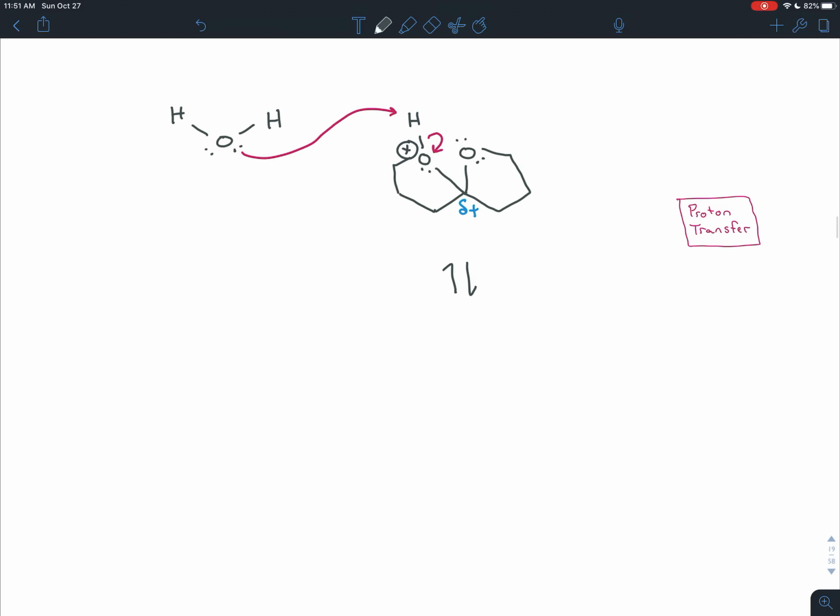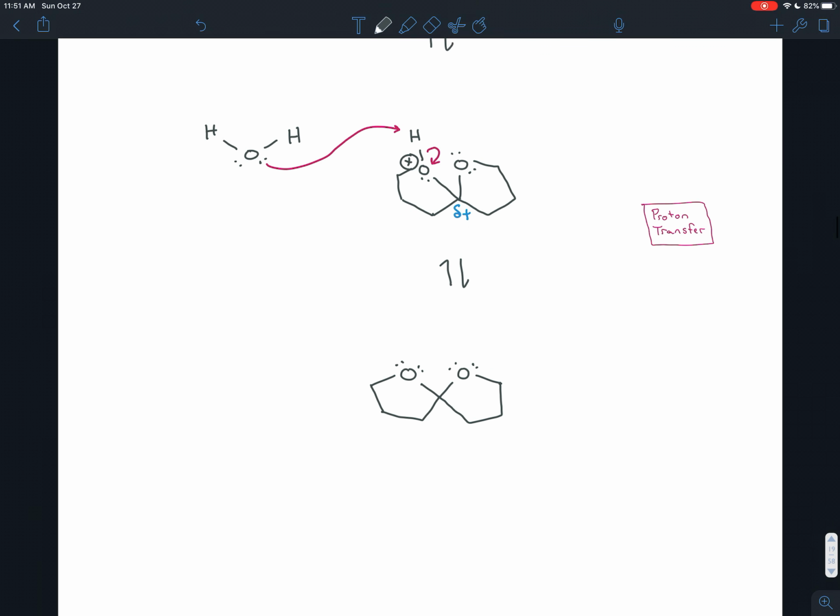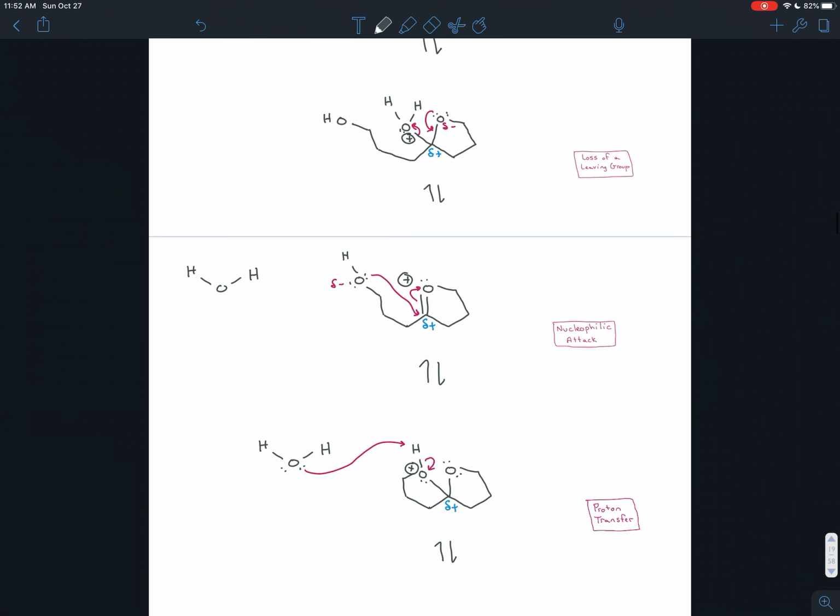And you have your final acetal. And you know it's an acetal because you have a carbon that has an ether on both sides. It's bonded to two ethers. So that's our beautiful, very cool, kind of strange, but fascinating acetal.